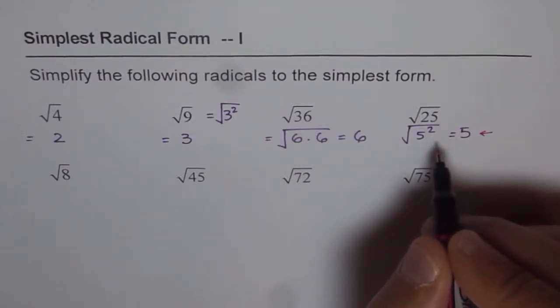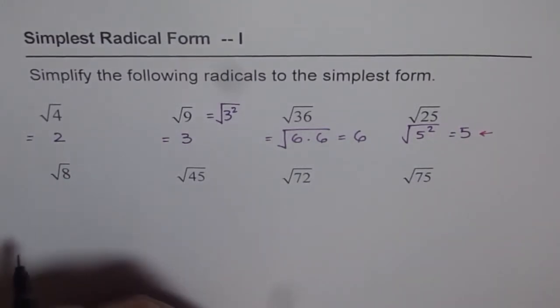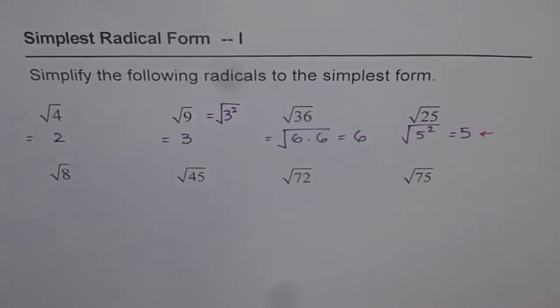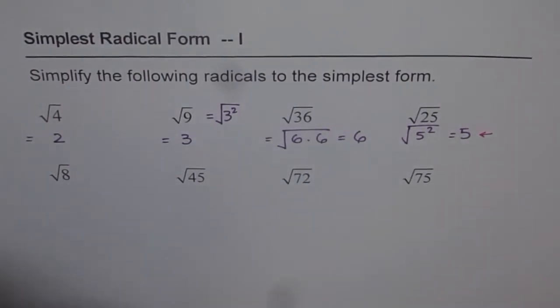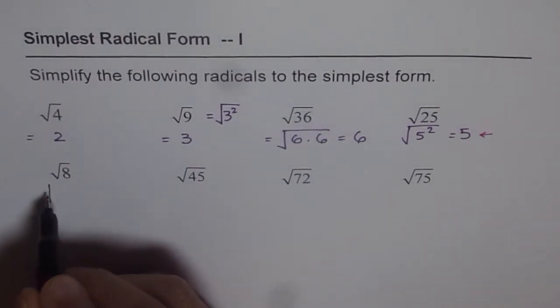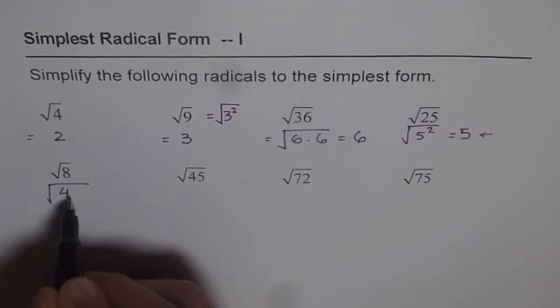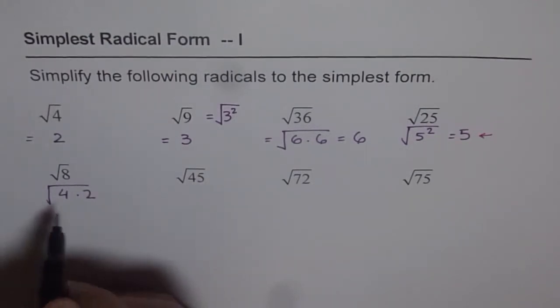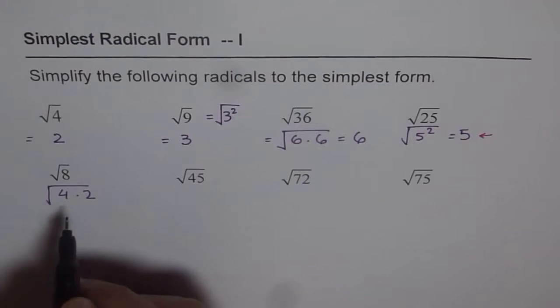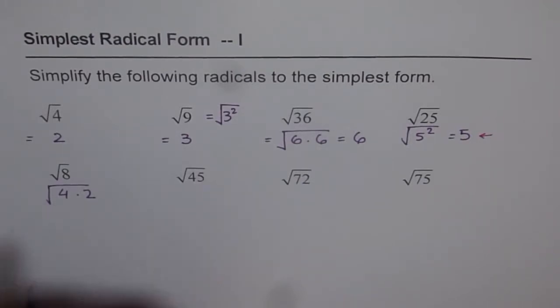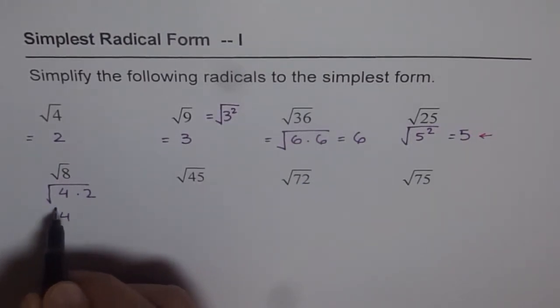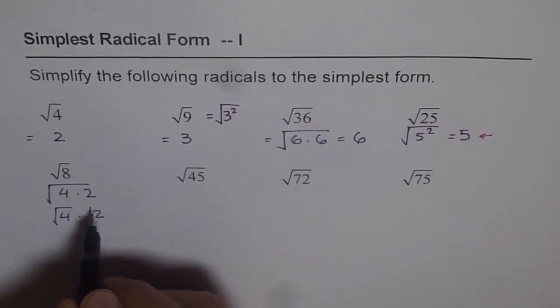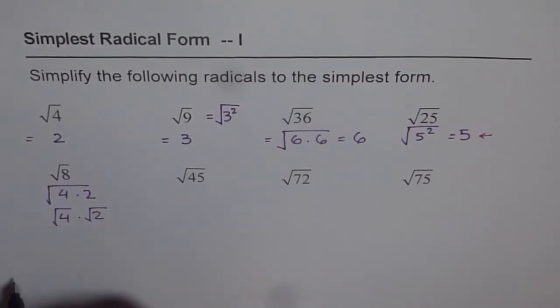Now keeping that in mind, let's try to do square root of 8. Now square root of 8 can be written as what? Square root of 8 can be written as 4 times 2, right? 4 times 2 is 8. Now 4 is a perfect square. You could write this as square root of 4 times square root of 2. You know, square root of 4 is 2.